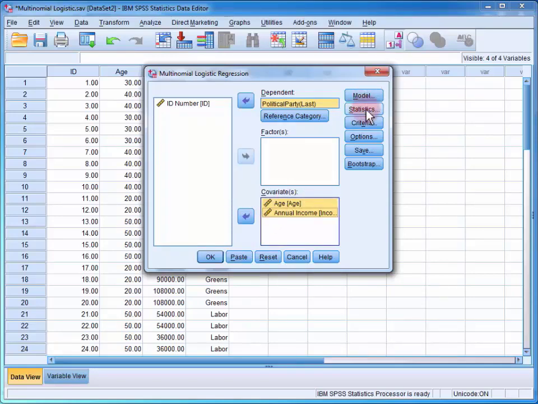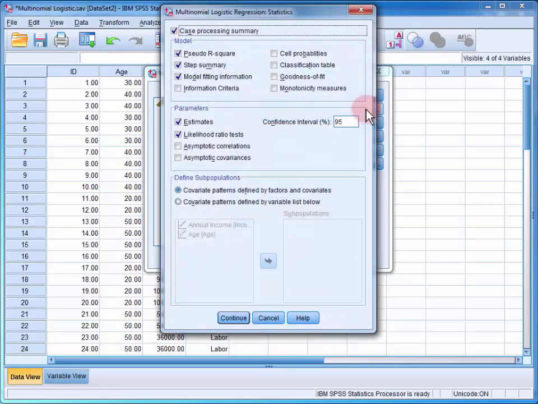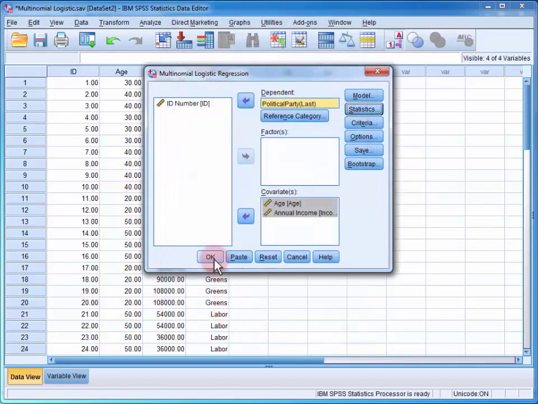Next, we open up the statistics menu. Now we want to make sure that pseudo R-square, step summary, model fitting information, classification table, estimates, and likelihood ratio tests are all selected. Click Continue to close the menu, and then OK to run the logistic regression.